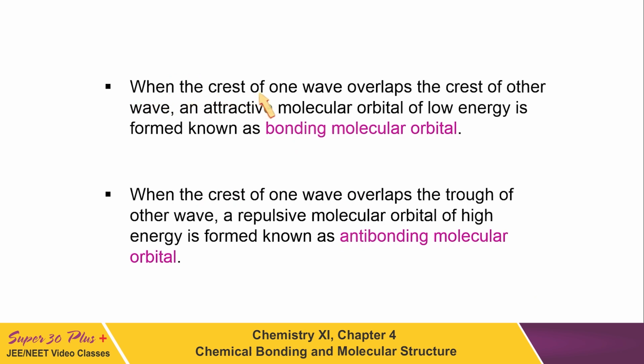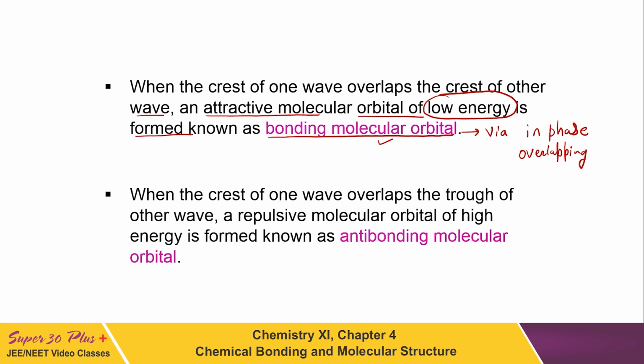When the crest of one wave overlaps the crest of another wave, an attractive molecular orbital of low energy, BMO, is formed. So we can summarize that BMOs are formed via in-phase overlapping, when there is no phase difference, same wave function, same phase.